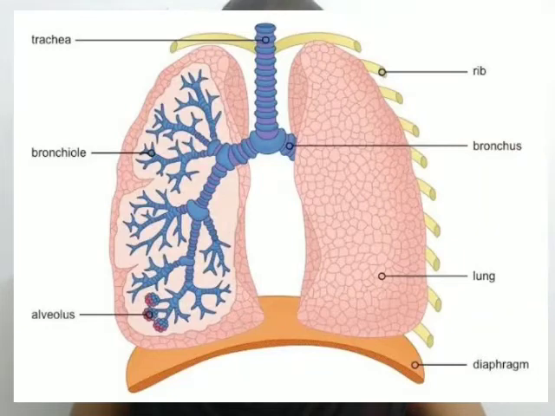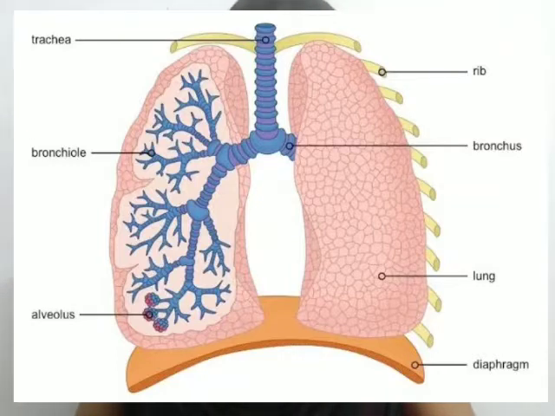Then comes a long tube which is made up of cartilage rings. Cartilages are soft bones. It is C-shaped, and this long tube is called the trachea.